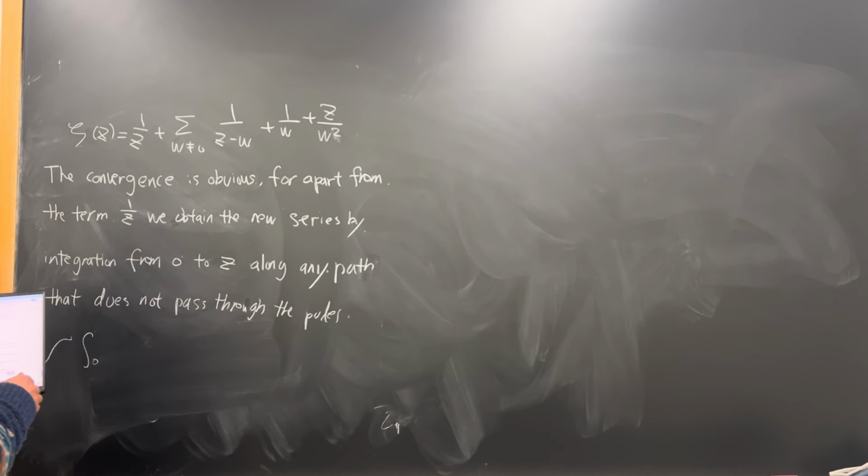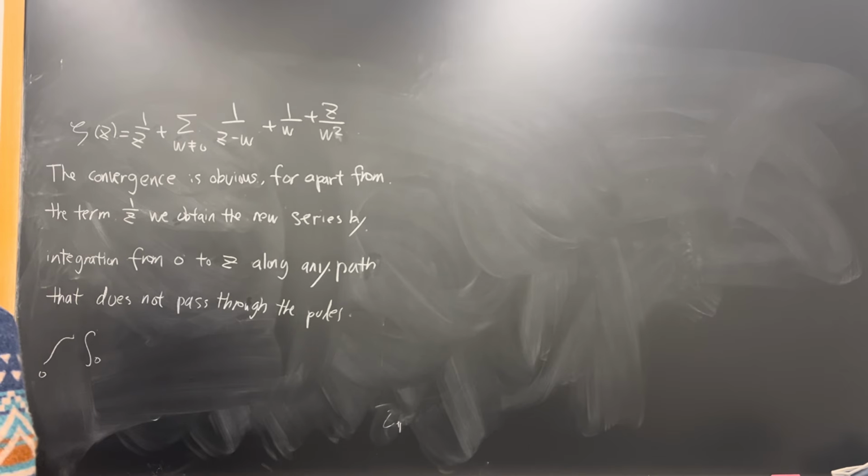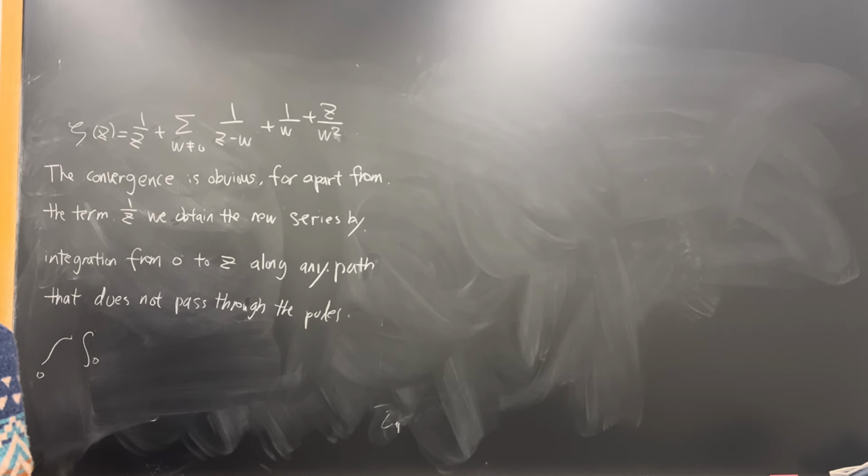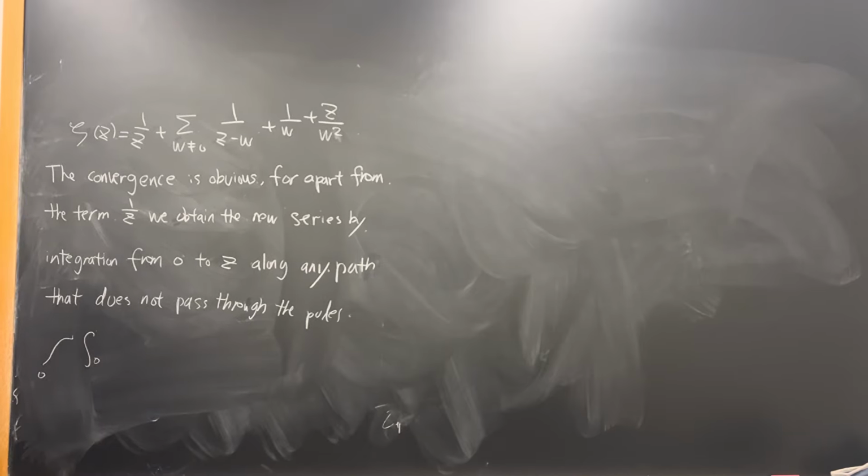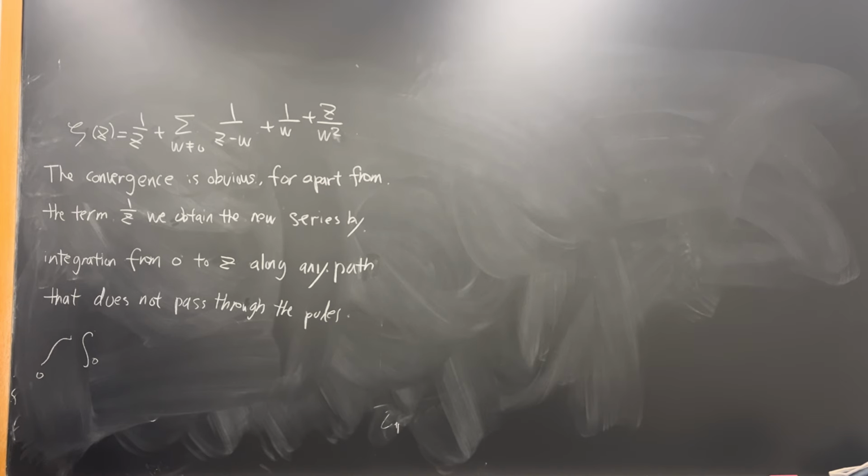So for the expression of zeta z, we have that it is given by 1 over z plus the summation over omega not equal to 0 of 1 over z minus omega plus 1 over omega plus z over omega squared.